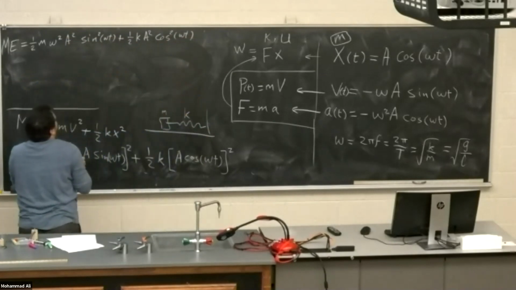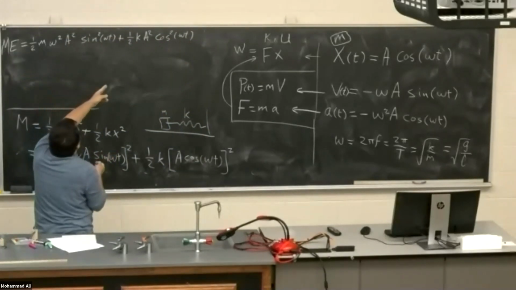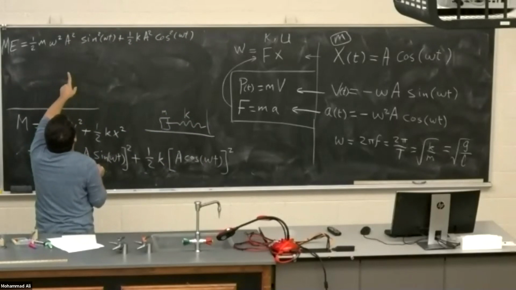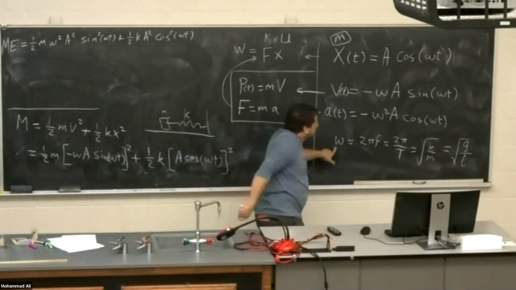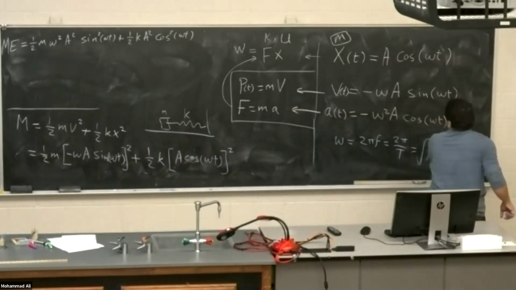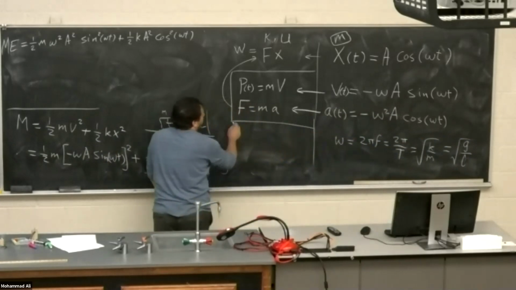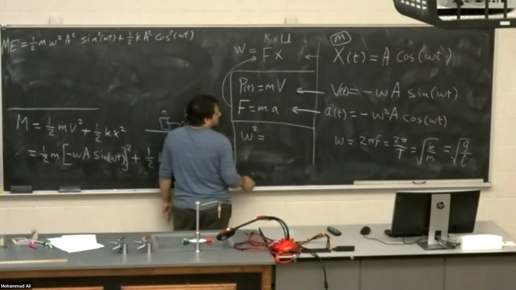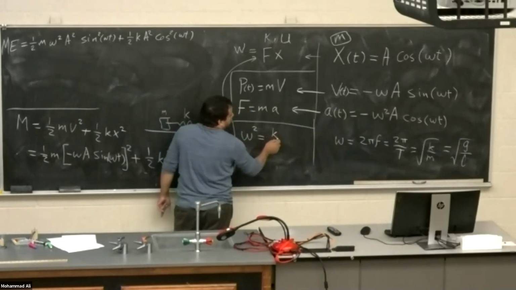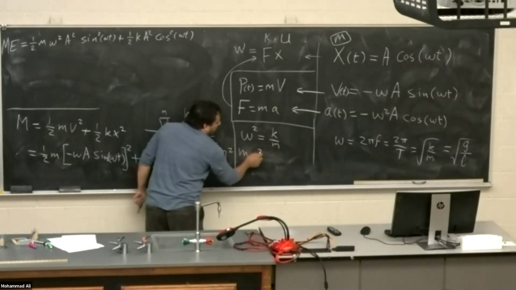We have two terms, sine squared and cosine squared. We have m omega squared, we have k, we have A squared, but remember that omega is equal to the square root of k over m. If we square both sides, we have omega squared is equal to k over m, or m omega squared is equal to k.